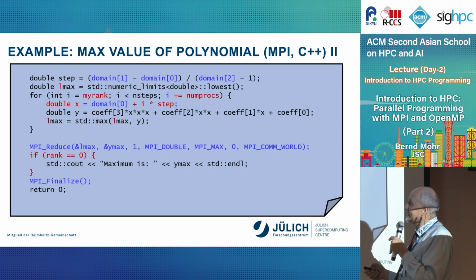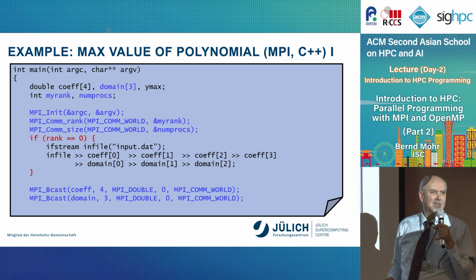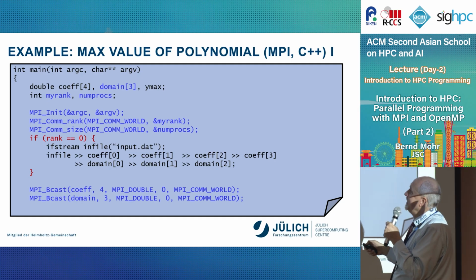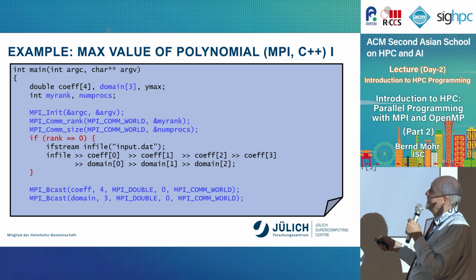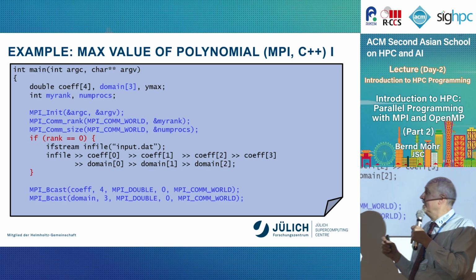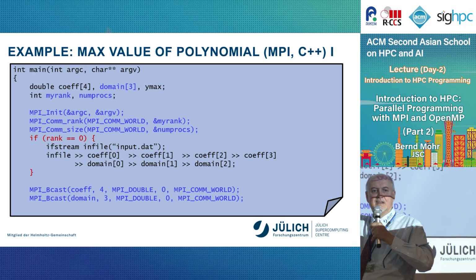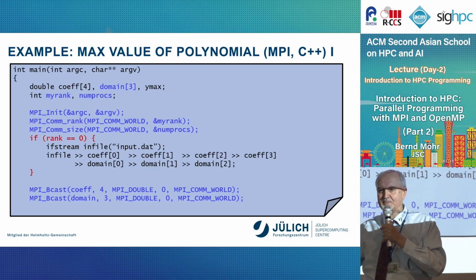Now it doesn't fit on 1 slide anymore. It's actually 2 slides. All the blue, again, is the additional stuff. So we need, in addition to the coefficients and the max, we also need to store my rank and the number of processors. And then I did another optimization. Before we had Xmin, Xmax, and the number of steps.